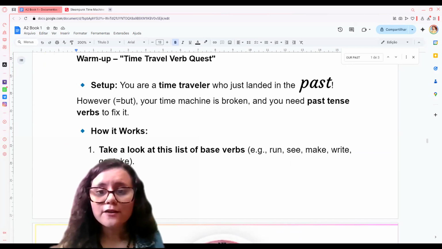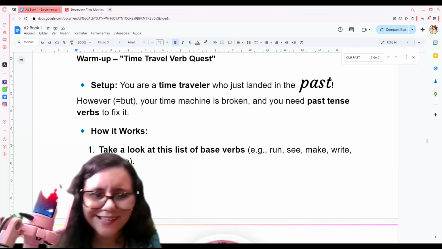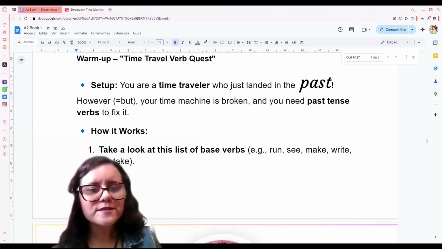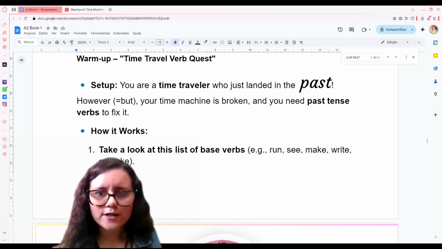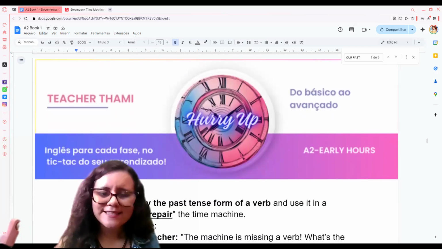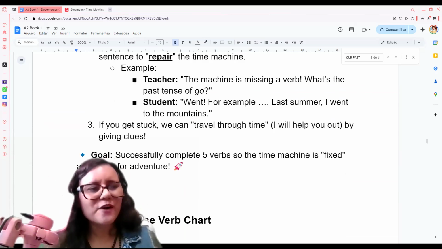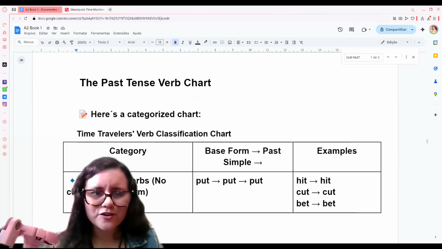I wrote a letter to my best friend 10 years ago. I went to the mall 2 months ago. I took a train to work this morning. So, I successfully completed 5 verbs. So my time machine is fixed and ready for adventure.